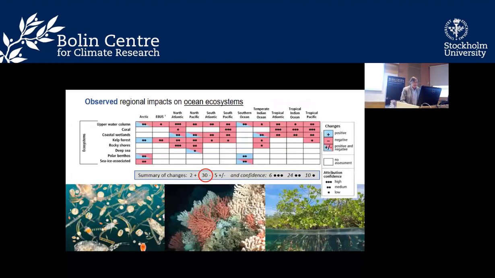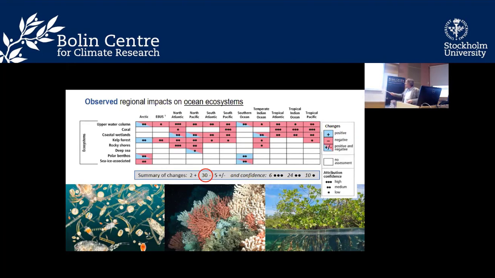When we go on to the next slide for the biology, for the impacts on ecosystems, now we can say whether these changes are favoring the organisms or making them less abundant and affecting their distribution in negative ways. It's a little bit anthropomorphic to say, are they liking it or not? But on the whole, the red is negative, bad news: the changes are having deleterious effects on species and organisms.